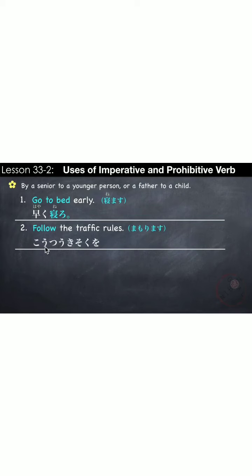So, 交通規則を. Kotsu means traffic, kisoku means rules or regulations. 交通規則を. Mamorimasu is group 1. So, we change ri to re. Mamore. 交通規則を守れ.